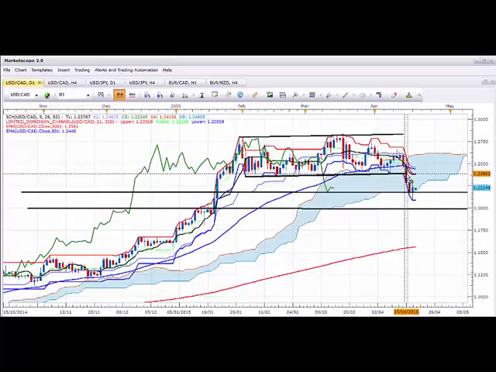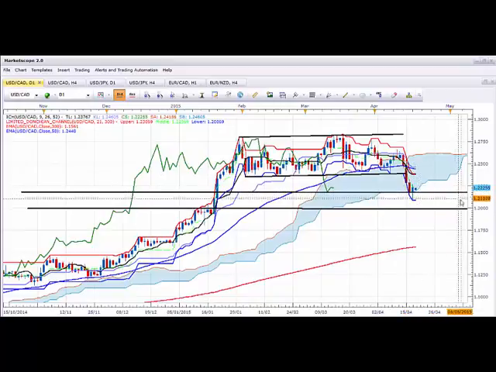The dollar since Thursday became weaker than the CAD as this channel got broken. Now it's testing this support at 121.76.